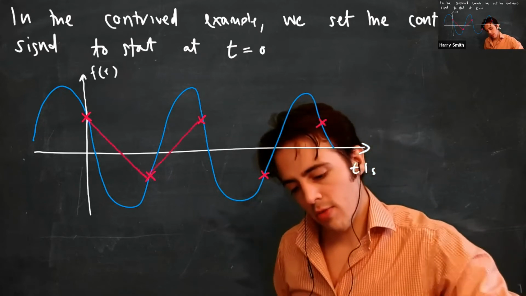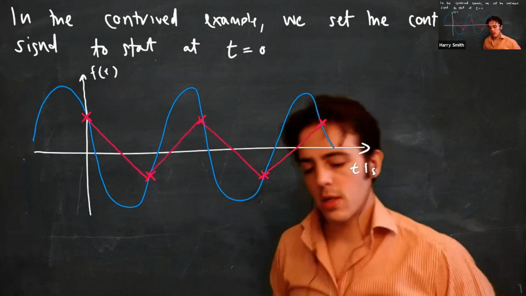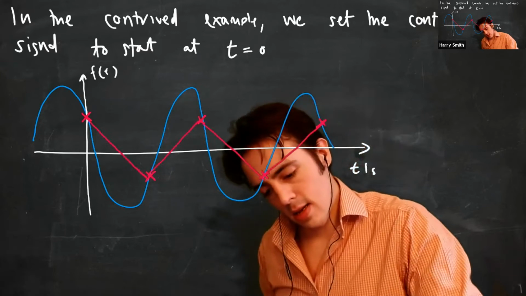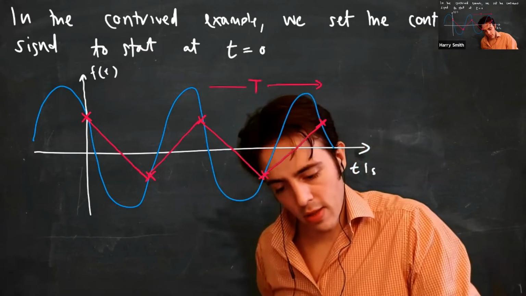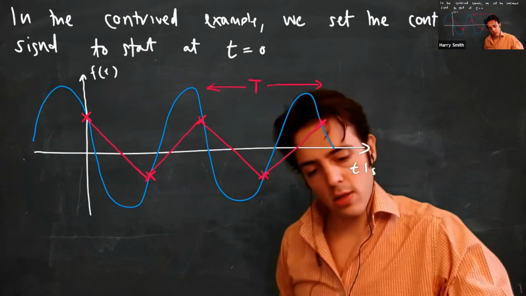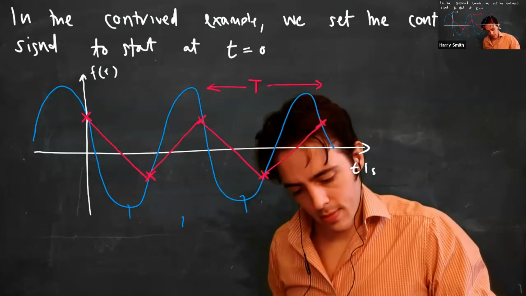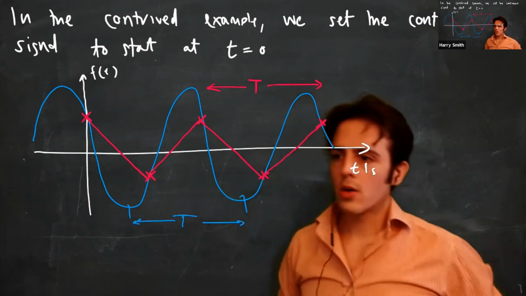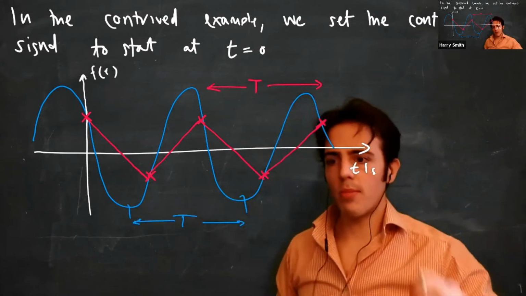So if I was to reproduce this signal, we'd see that the period of the red signal, which is the reproduced signal, would be correct. We'd get the correct signal frequency if we sample at the Nyquist rate.